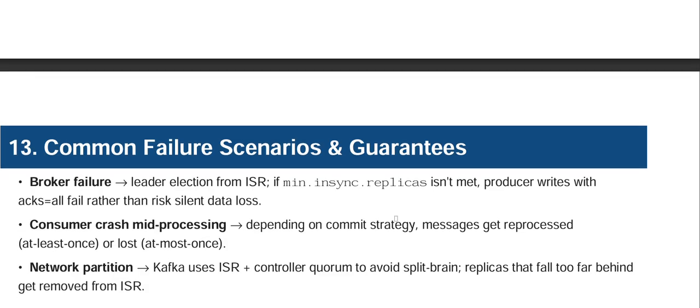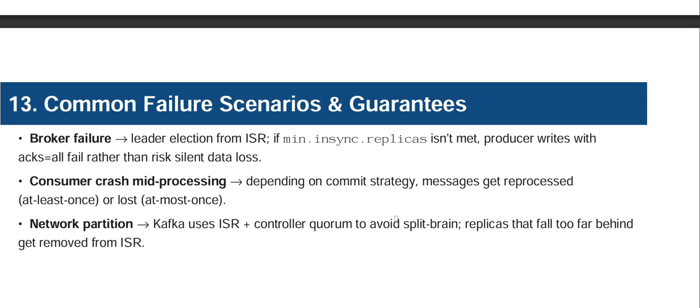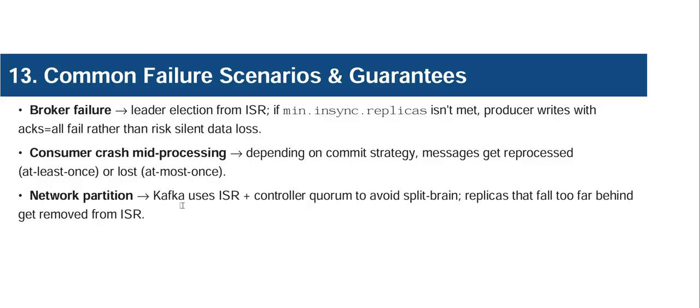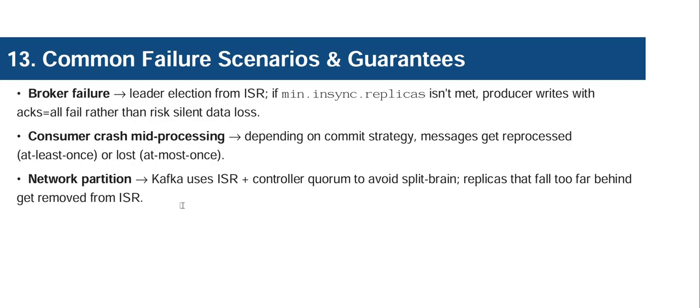We also have a consumer crash mid-process, where the commit strategy decides whether a message gets processed at-least-once or at-most-once. Then we also have network partitions: Kafka uses the ISR and a controller quorum to avoid split brain, and replicas that fall behind get removed from the ISR.